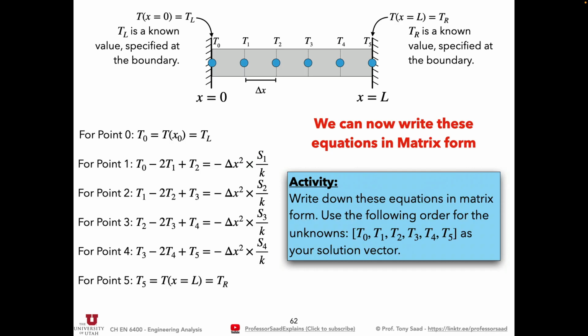I'm not going to jumble them. I'm going to put them in that order. First equation solves for T0, second equation T1, and so on. So start with the solution vector and start building that coefficient matrix. Think about what the size of that matrix should be. I have 6 equations, 6 unknowns. And don't forget the right-hand side.